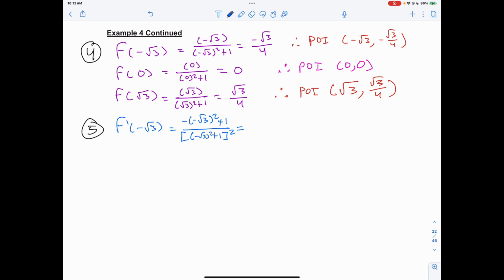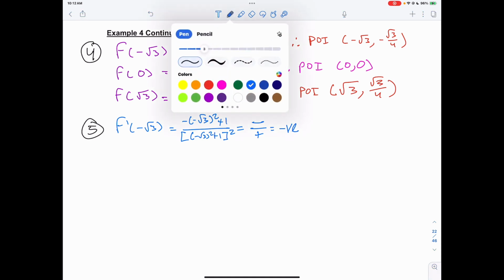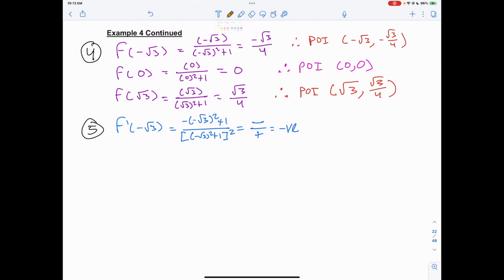That is going to give me a negative over a positive, which is going to give me a negative change. So negative root 3 and negative root 3 over 4 is a point of decrease.